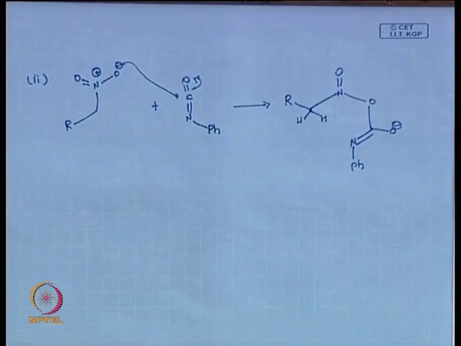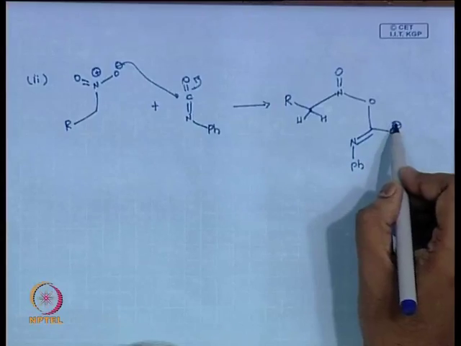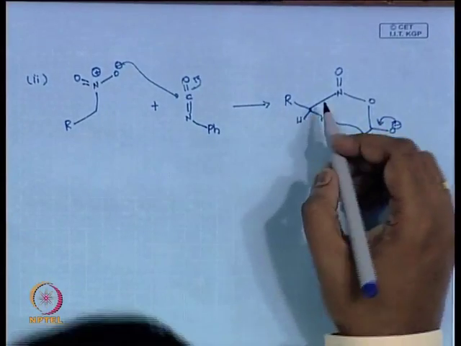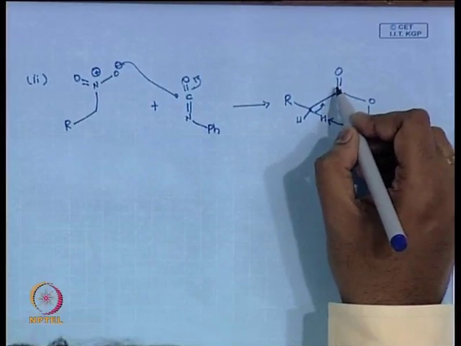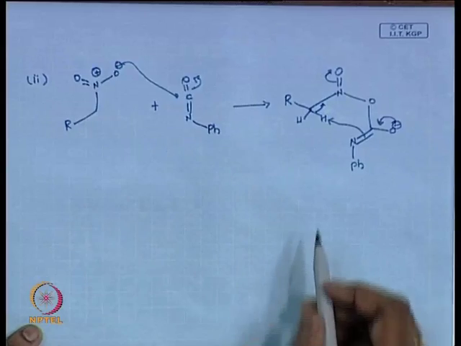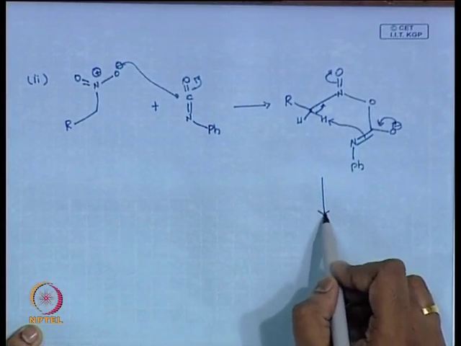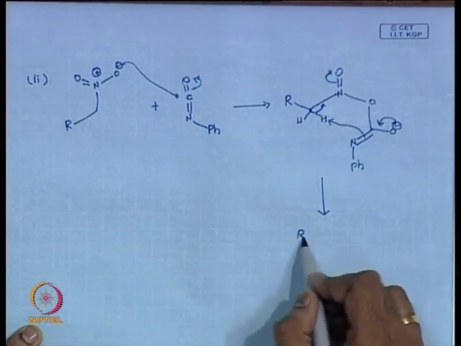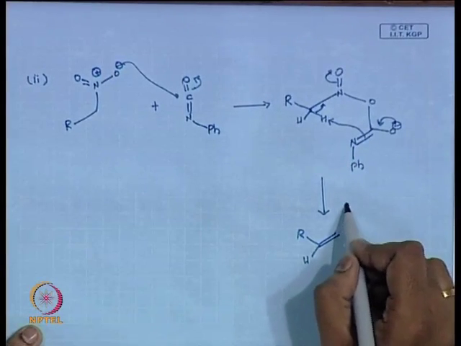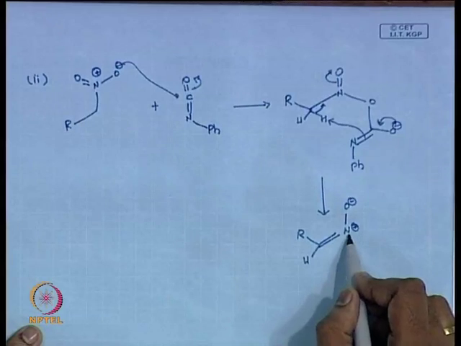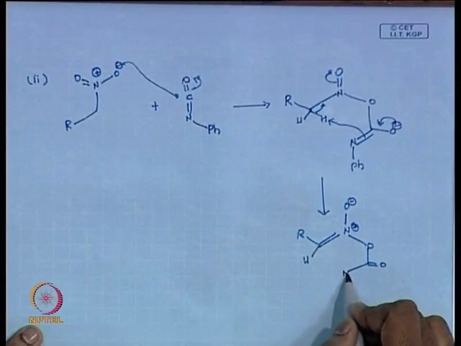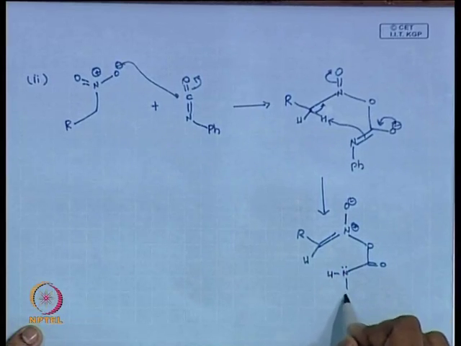What this can do now, I can get back and take my hydrogen, fine. So, I might end up with an R, H double bond O minus with an N plus, and then my other system, carbonyl and NH with a phenyl.